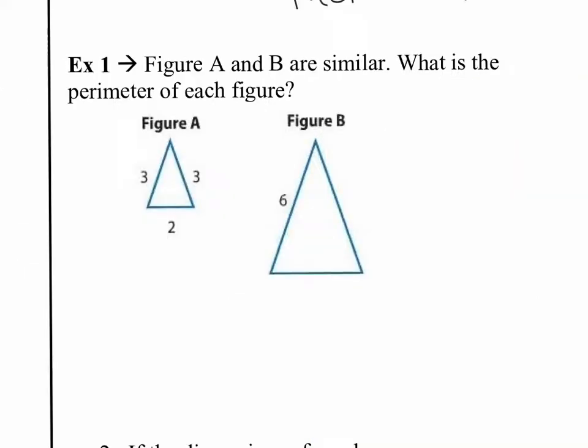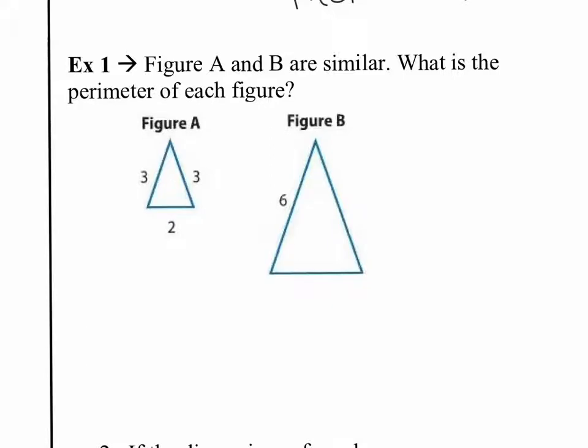Example 1. Figure A and B are similar. What is the perimeter of each figure? Look at figure A, and now look at figure B. Notice that you have a 3 on the far side of figure A and a 6 on the far side of figure B. What do you do to 3?